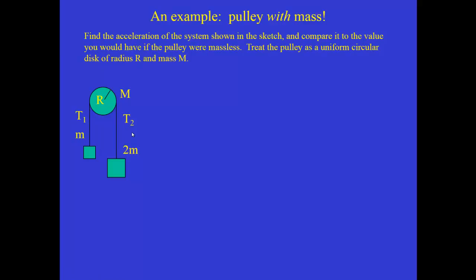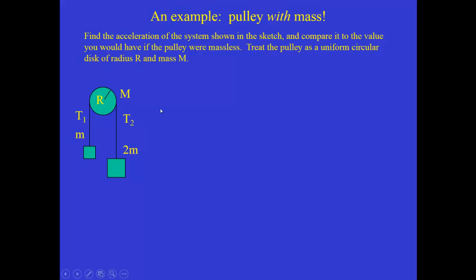Now we're going to analyze the situation more carefully and take into account the mass of the pulley. In order for that pulley to rotate when one of the masses falls and the other goes up, it's necessary, if it has mass, that these two tensions not be the same. So we'll make sure that we take that into account.